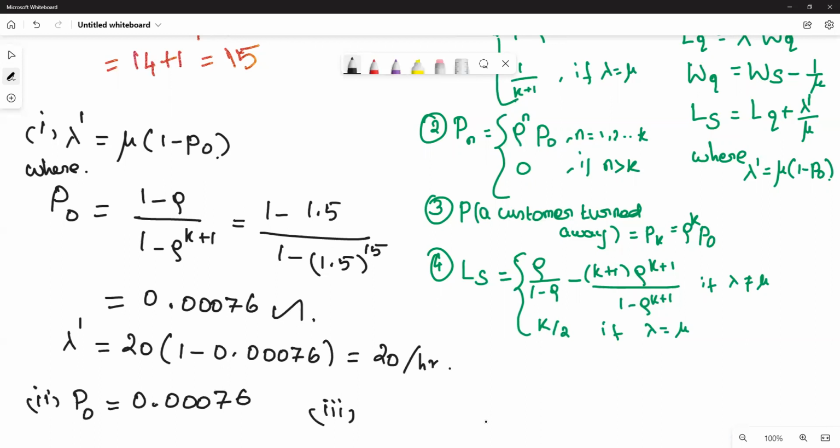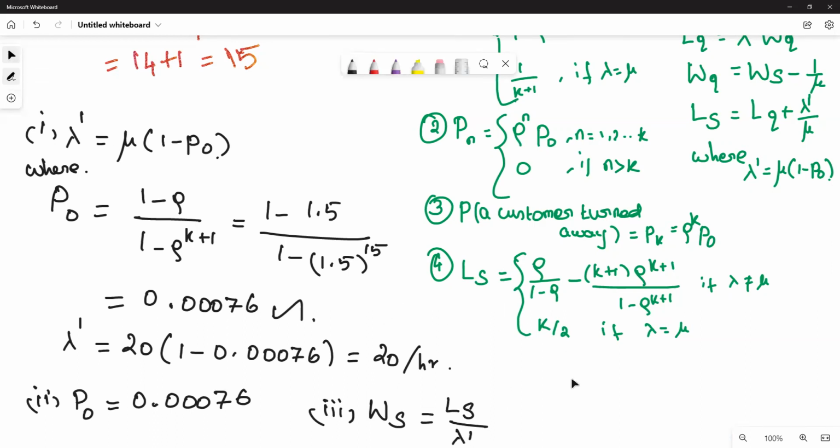Third subdivision, what is the expected waiting time until a patient is discharged from the clinic? So waiting time in the system. Using Little's formula, WS is equal to LS divided by lambda dash, because only the LS formula we know.